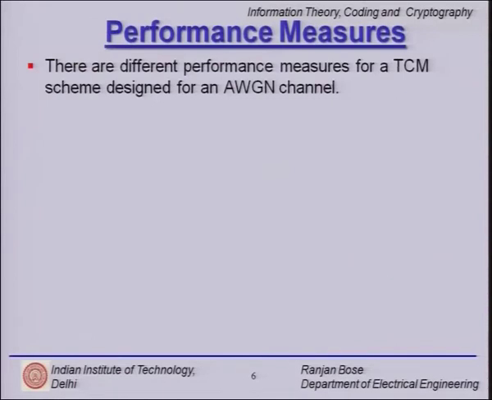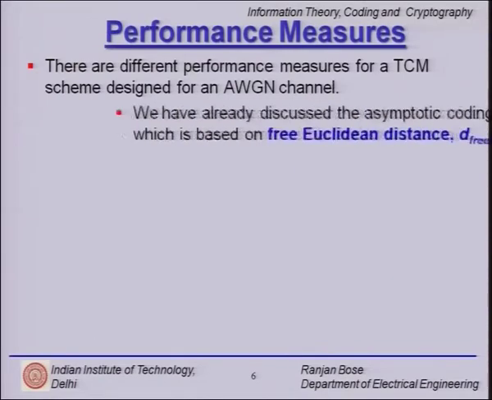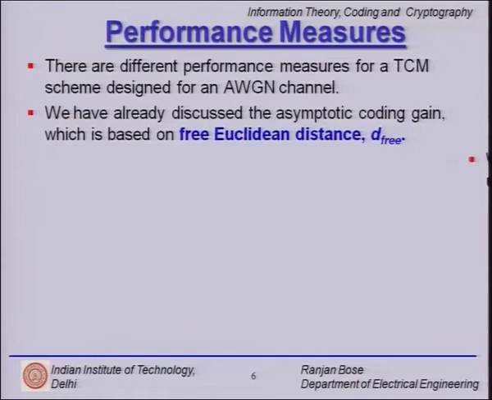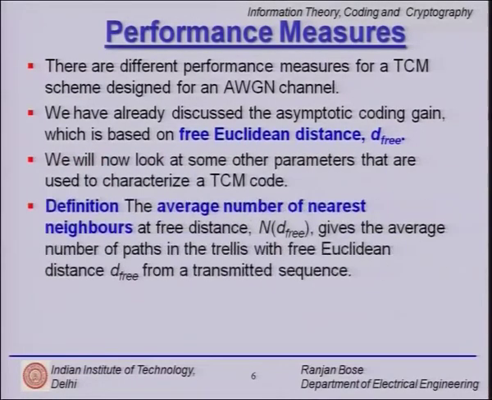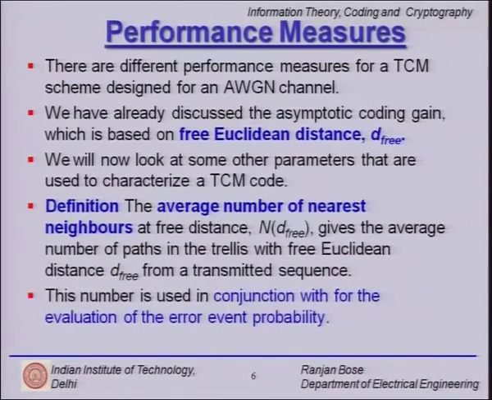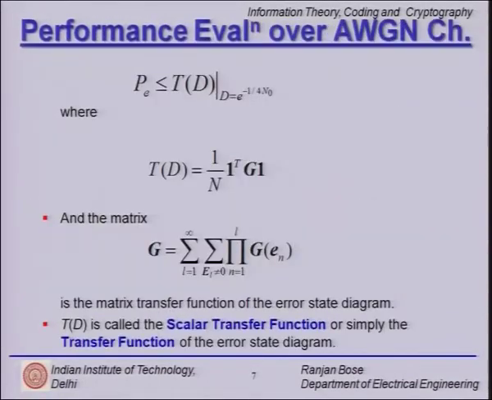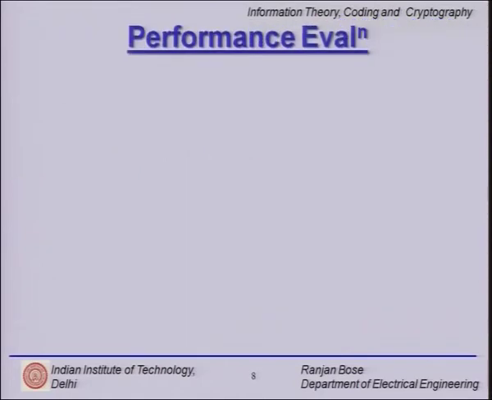We looked at some performance measures, and we talked about d free as the free Euclidean distance, and also N free, which is the average number of paths in the trellis with free Euclidean distance d free. This number is used in conjunction with the evaluation of the error event probability.